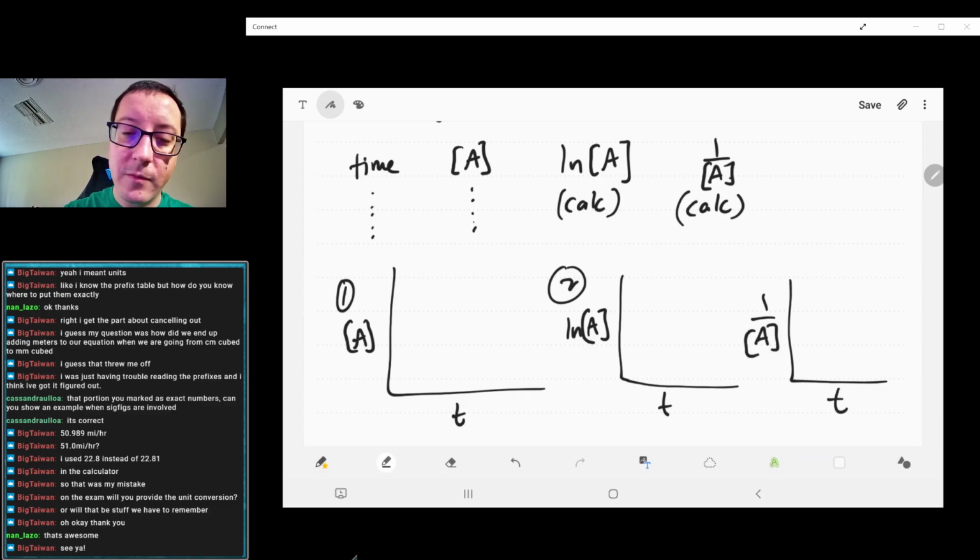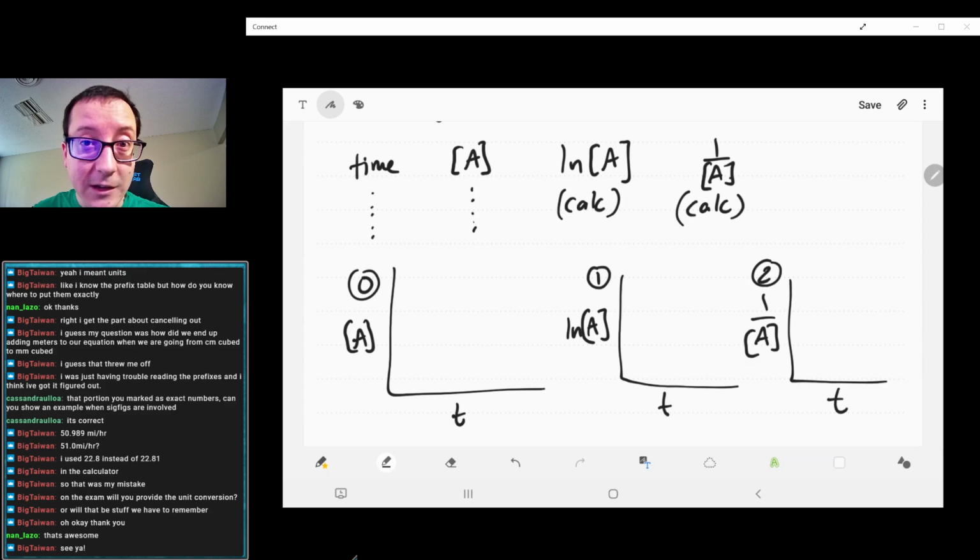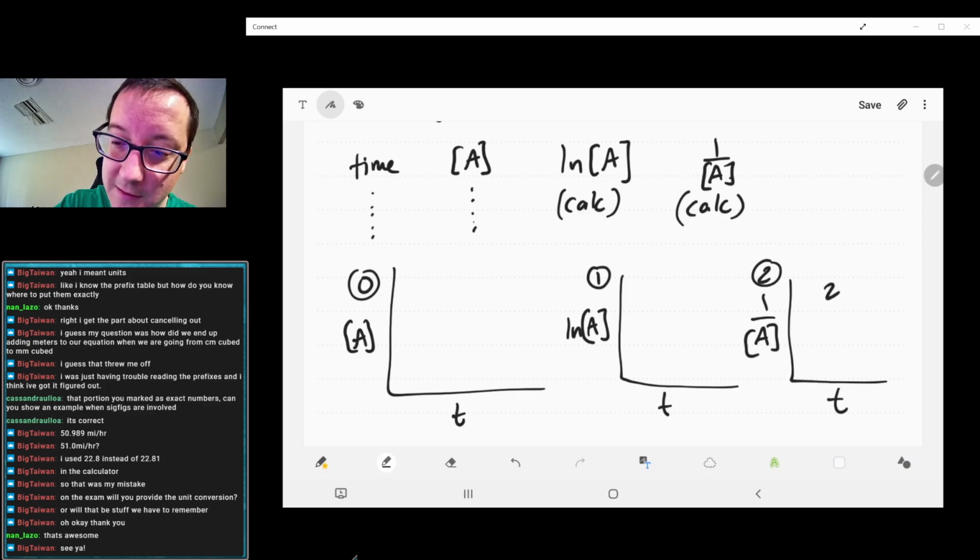And whichever one ends up being linear, that's going to be the one that your reaction order will be. So as you can see here, I've written 0, 1, 2. If this one is linear, it's second order. If the natural log one is linear, it'll be first order.